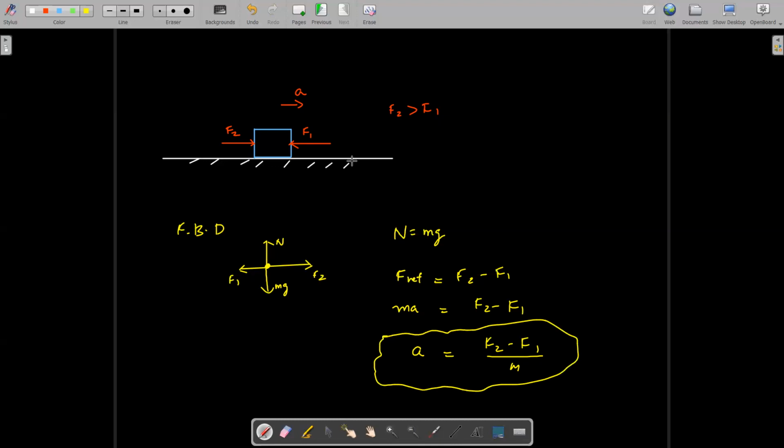Okay. So let's do another problem. Let's move on to do another one. And here we have again a body kept right here. And let's say, here we can show the force from the side as well. Here somebody is pulling the body in this direction.